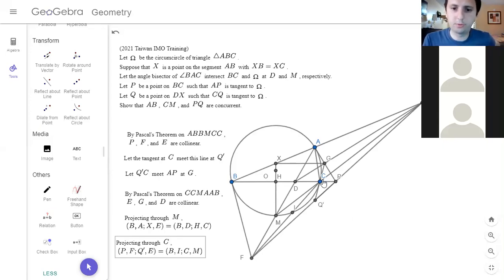What if we projected them through C onto BF? So BICM.